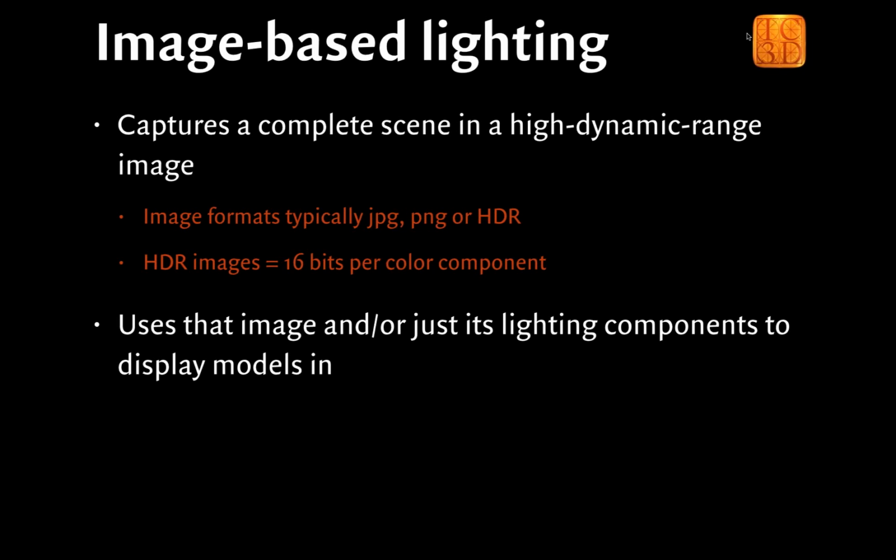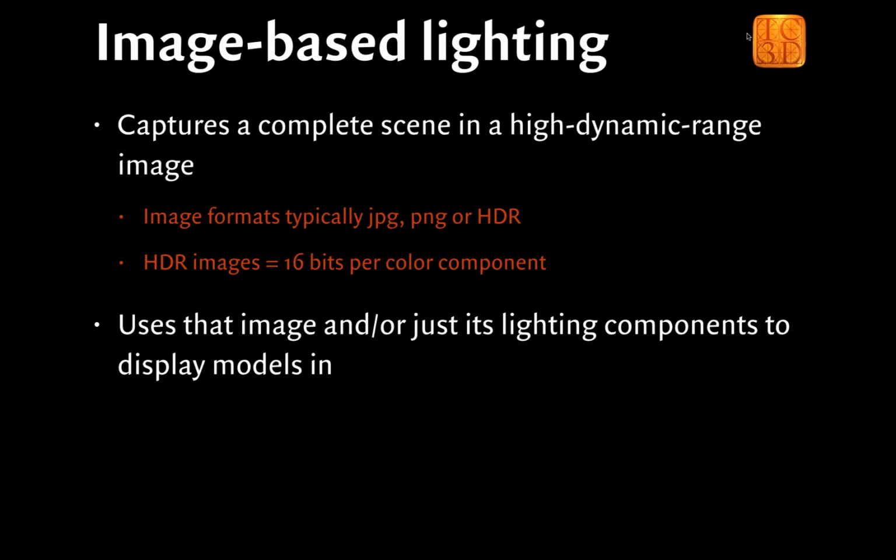Now, first of all, what is image-based lighting? Like I said, this is a bit of theory, and I apologize for that, but I think it's interesting to understand this. Typically in image-based lighting, you capture a complete scene, the surroundings of, in that game, a car, or in iC3D Suite, the 3D object that you're developing. The surroundings of that object are captured in a single image.